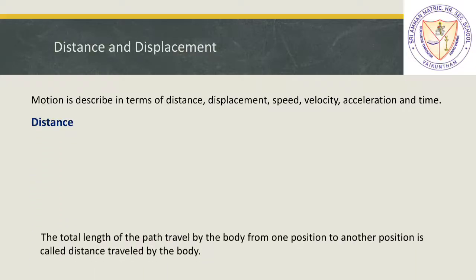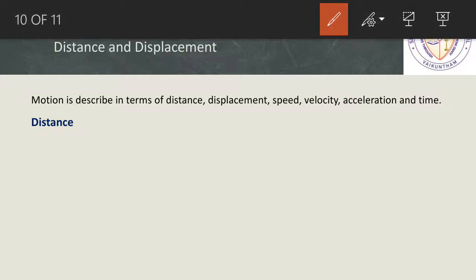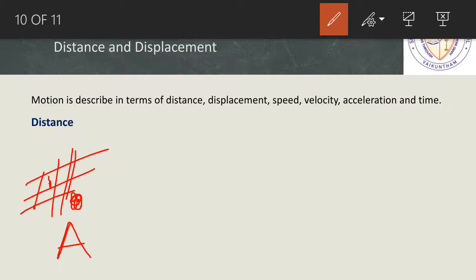So distance. For example, I'm at point A. It's like the gate of your school. This point here is you, and you are at the school gate, and you enter.